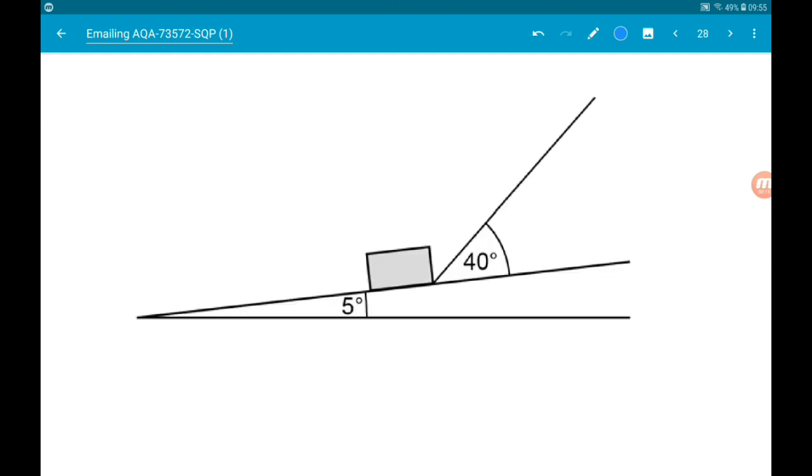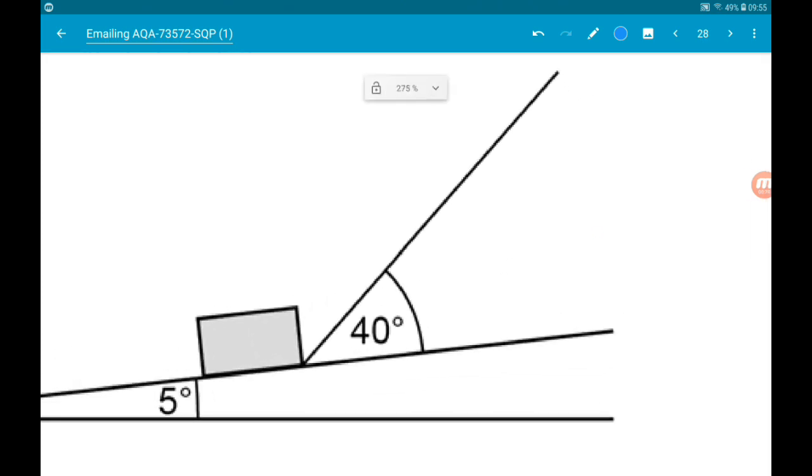So, let's go back to this diagram. Now we know tension in the string is working like that.